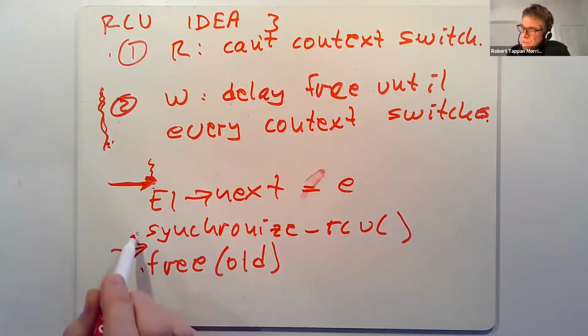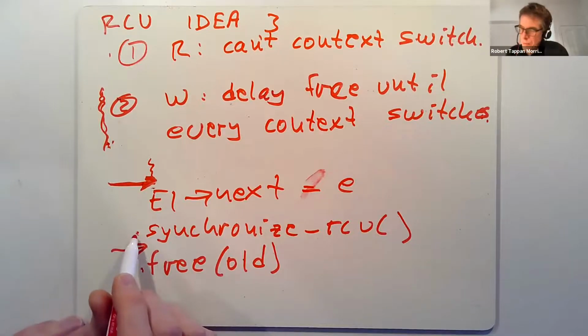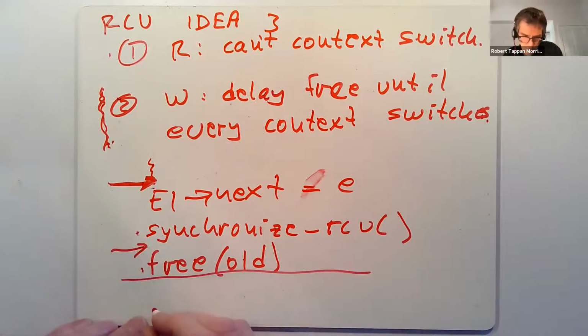One of the justifications is that writing, for RCU protected data, is going to be relatively rare. So the fact that the writes take longer probably won't affect overall performance very much. For the situations in which the writer really doesn't want to wait, there's another call that defers even the wait, called call RCU.